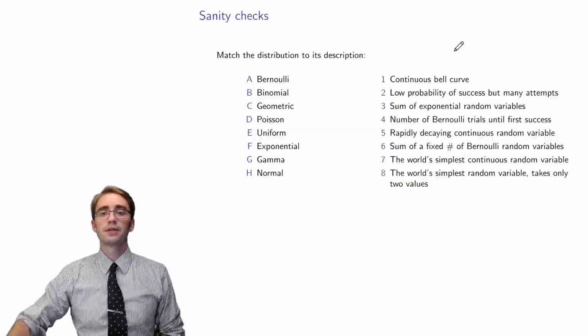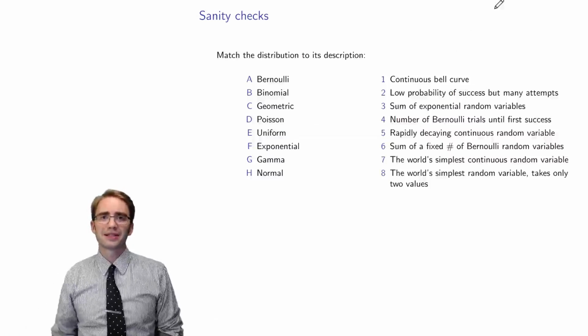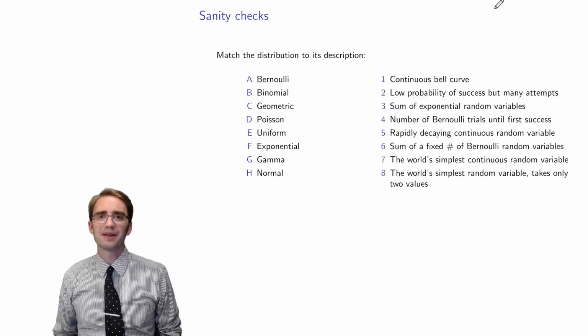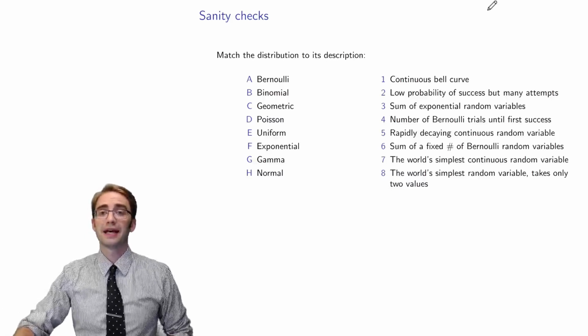Sanity check number 2 would be a little matching game. If you're watching this asynchronously, it would be a good time to pause and try working through these yourself. I will go ahead and do that now. I'll do this by matching, looking at things on the left and things on the right. A Bernoulli distribution is the world's simplest random variable, which takes only 2 values.